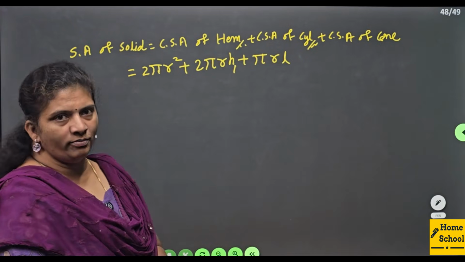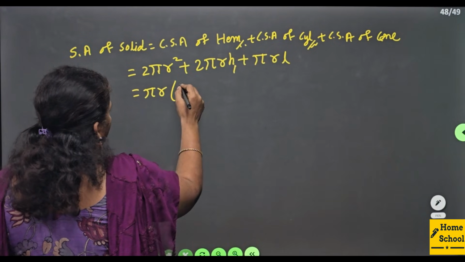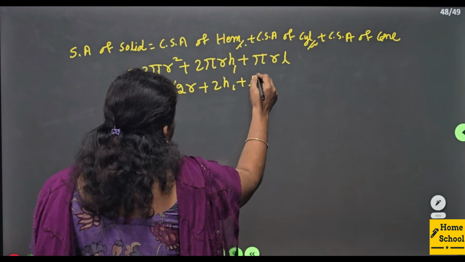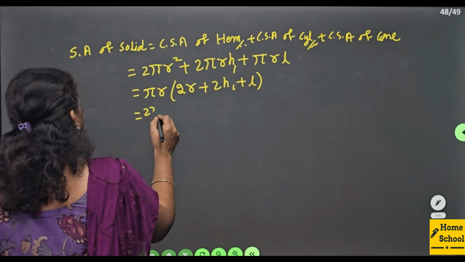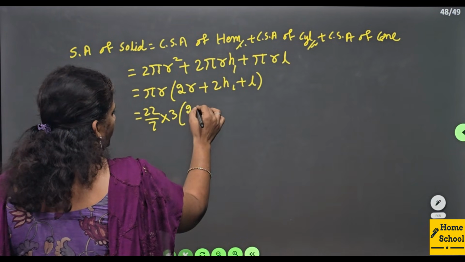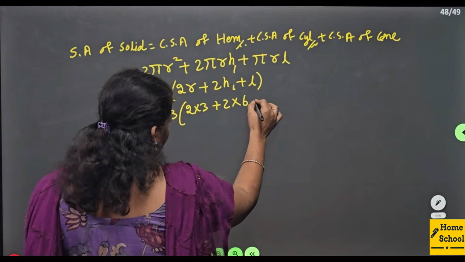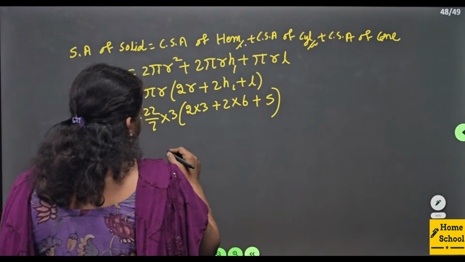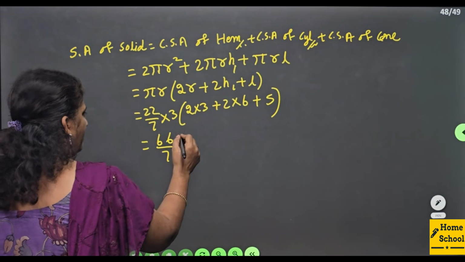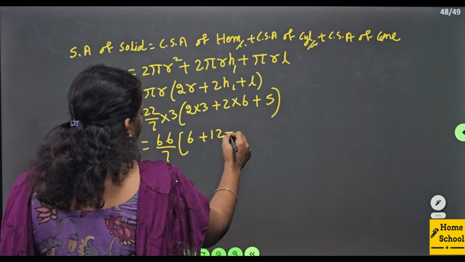Now is there anything common here? Pi r is common. Take out pi r. 2r plus 2h1 plus L. Pi 22 by 7. We know the radius is 3. 2 into 3 plus 2 into cylinder height is 6 plus slant height we got it as 5. 22 3s are 66 by 7 into 3 2s are 6 plus 6 2s are 12 plus 5.